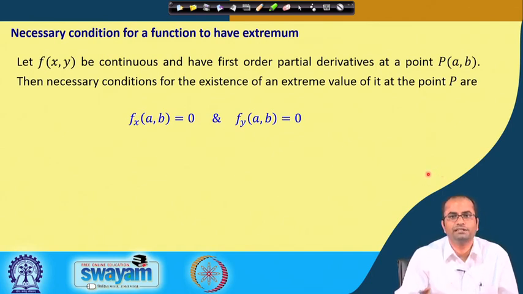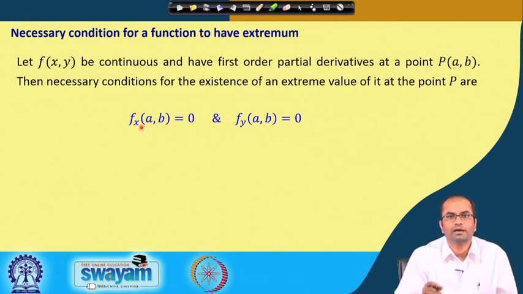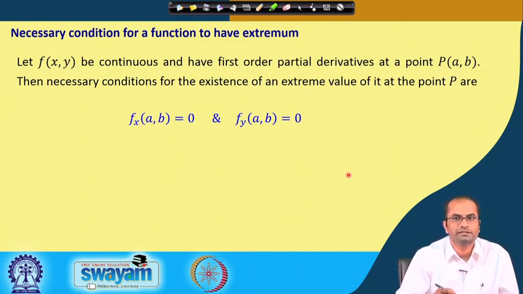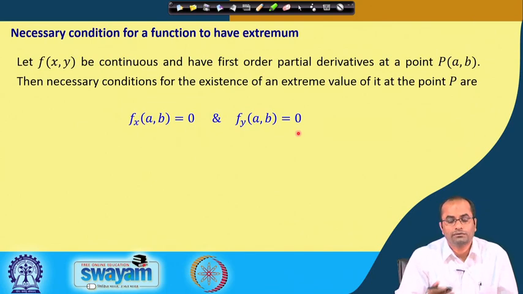But this is not sufficient: if we have a point where f_x and f_y both are 0, then we cannot claim that at this point there will certainly be a local maximum or local minimum, because this is a necessary condition. Necessary conditions mean that this is the first condition we have to check, or in other words, these points will be the candidates for the local maximum or minimum. There may be a local maximum or minimum, or there may not be.